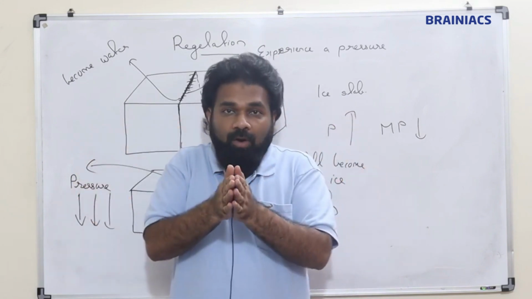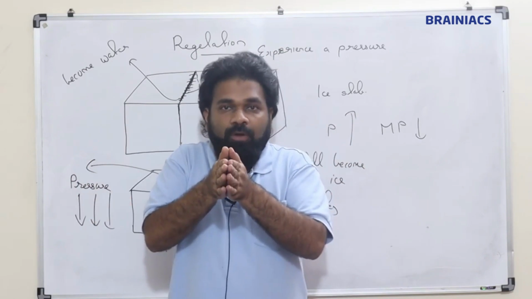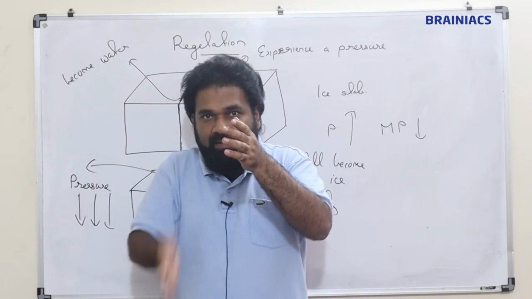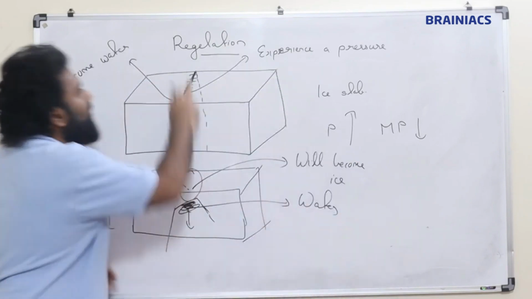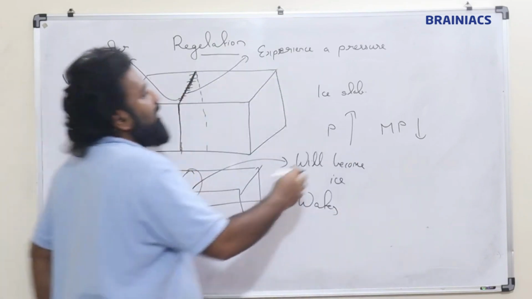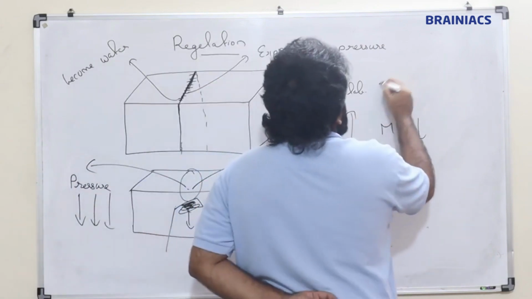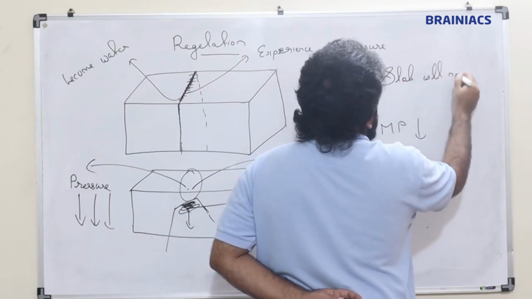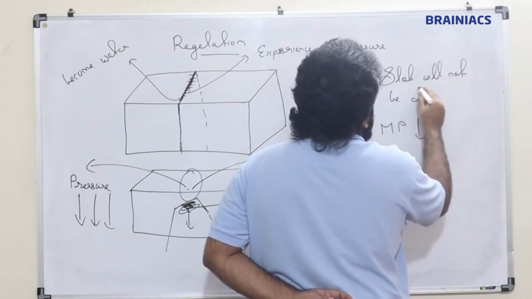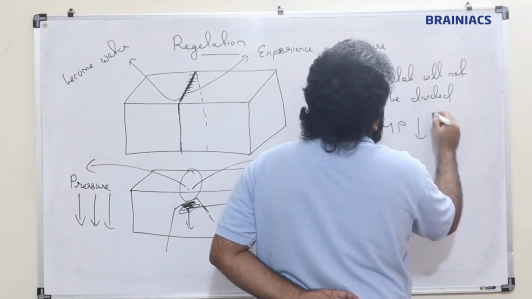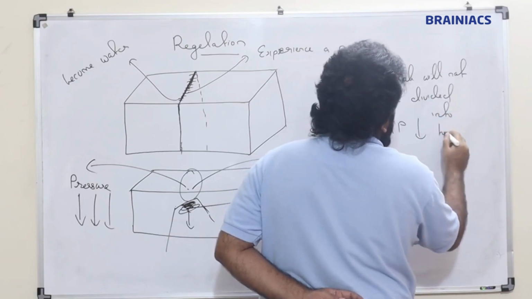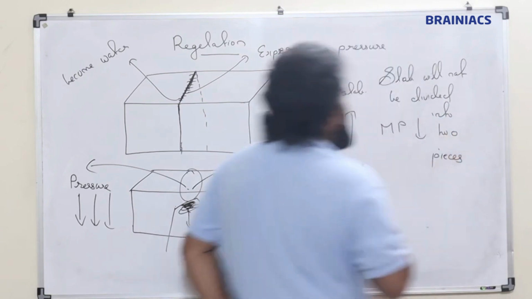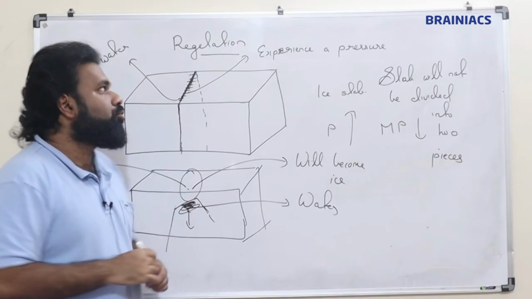But the slab will not be divided into two pieces, because it will join back once the string comes down. This process of freezing is called regelation. Here what we need to understand is that the slab will not be divided into two pieces.